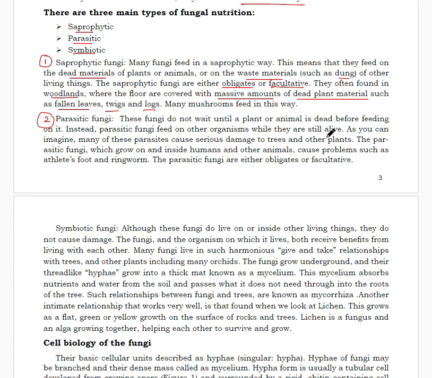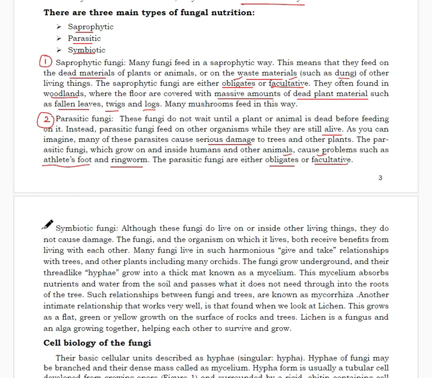So they feed when their host is still alive, so they can cause serious damage to the organism on which they are feeding, and they can grow inside humans or other animals and cause diseases like athlete's foot and ringworm. Okay, you have heard of the Betex cream which is used to treat ringworm. They can also be obligate or facultative.